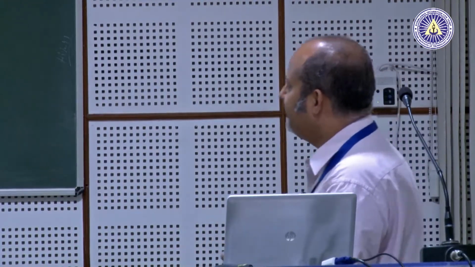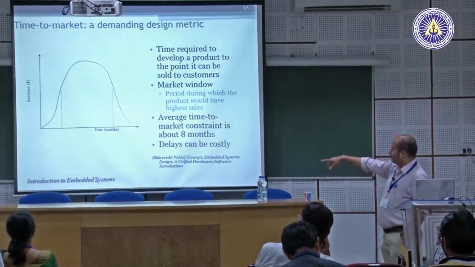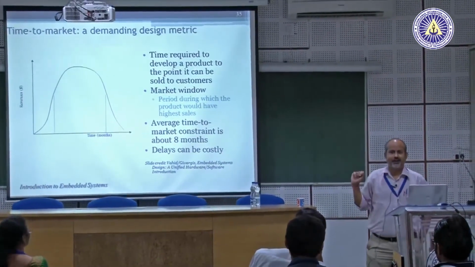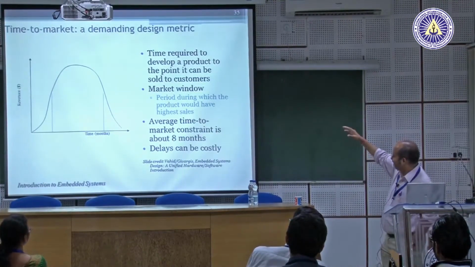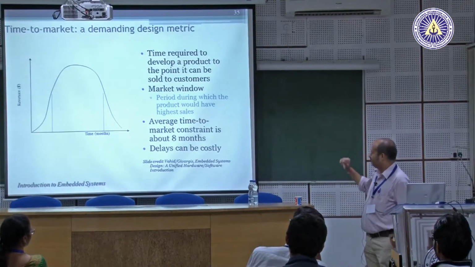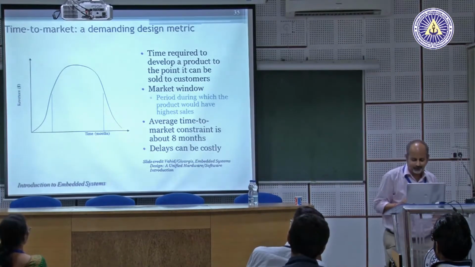Actually here it is. Time to market is a very important design metric for embedded systems. This basically shows that if you introduce some product too early, your revenue is low. If you are at the right moment, your revenue is good. But if you are beyond some time, your revenue is again down.